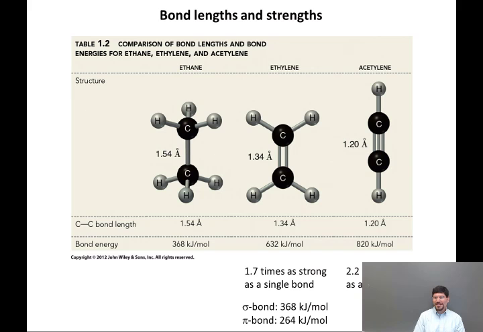Finally, the triple bond at 820 kilojoules per mole is only 2.2 times as strong as a single bond. So in this case, the bond dissociation energy is much less than we would expect for 3 isolated sigma bonds.